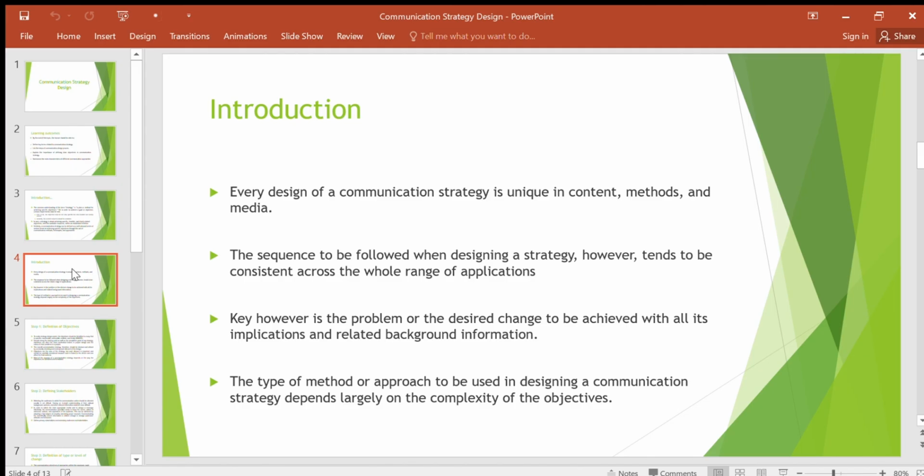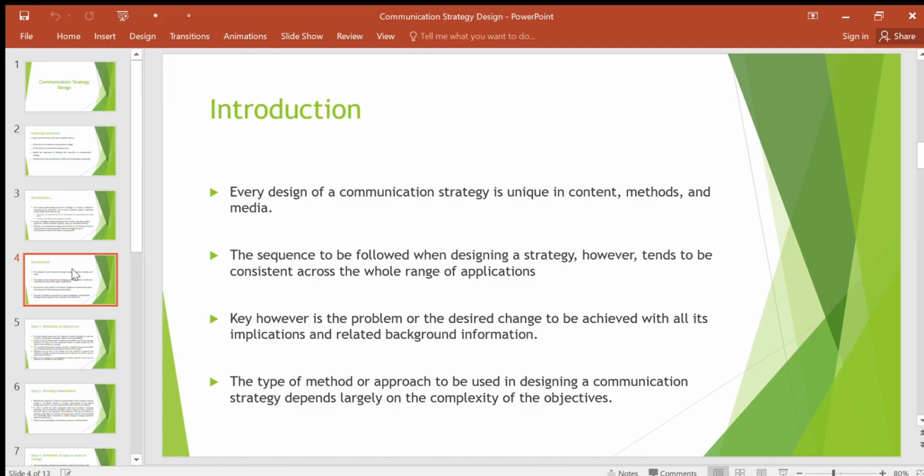Every design of a communication strategy is unique in content, methods, and media. The sequence to be followed when designing a strategy, however, tends to be consistent across the whole range of applications. Key, however, is the problem or the desired change to be achieved with all its implications and related background information.